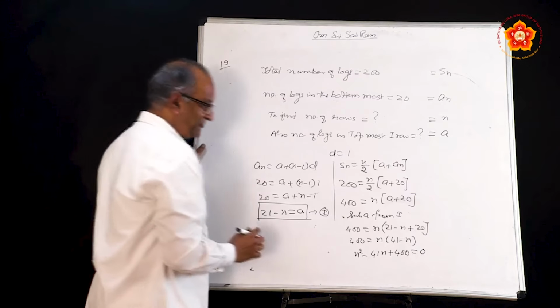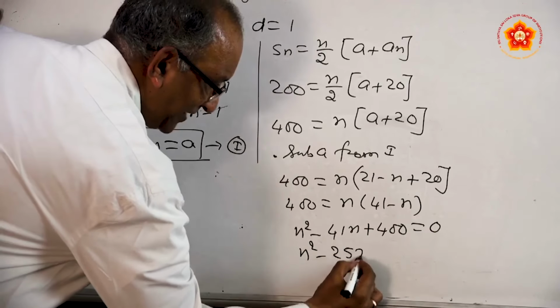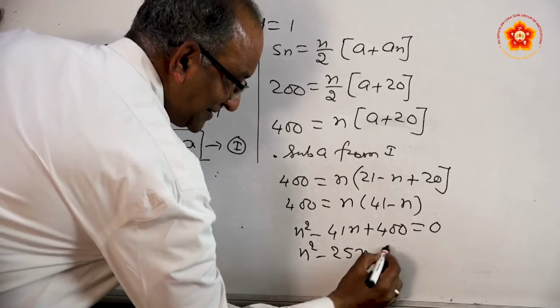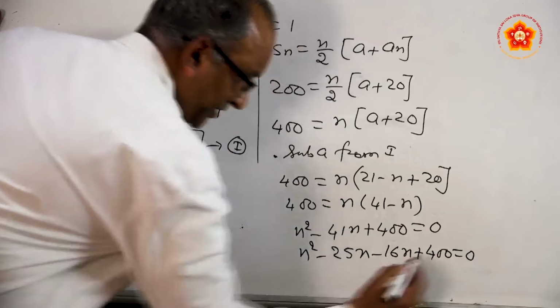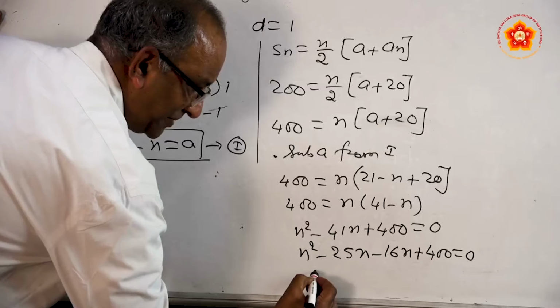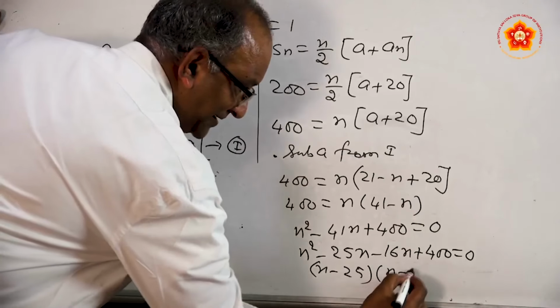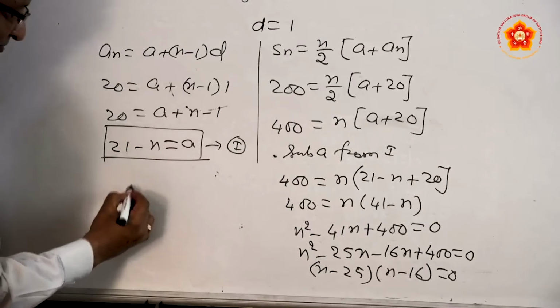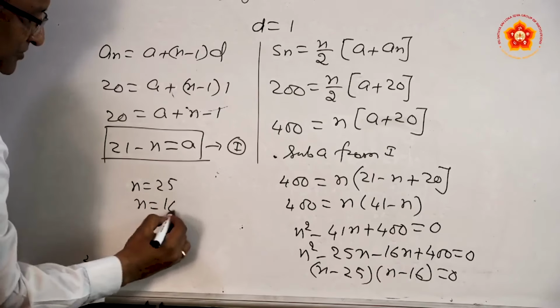So we will have n square minus 25n minus 16n plus 400 equal to 0, and the factors are going to be n minus 25 and n minus 16 equal to 0. The first one will give you n equal to 25, the second one will give you n equal to 16.